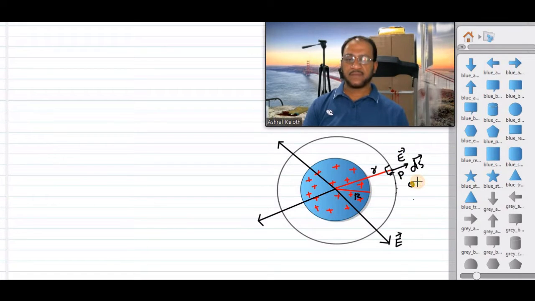So theta equals 0, and cos 0 equals 1. The same is the case for any ds on this imaginary Gaussian surface: ds is radially outward and the electric field is also radially outward. So at every point on the imaginary surface, theta equals 0 and cos 0 equals 1. Is that point clear?